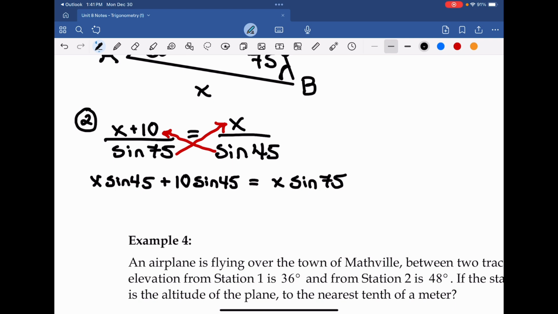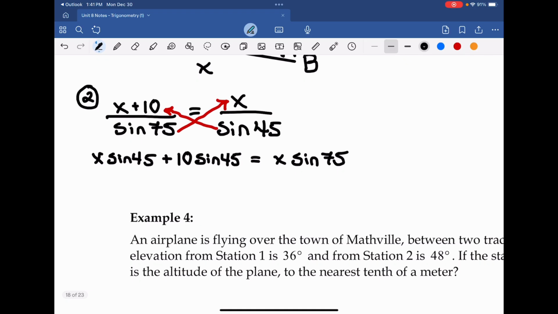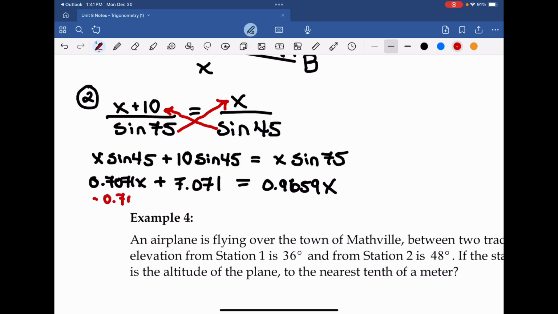On the left-hand side we end up getting 0.7071x plus 10 times sine 45, which is 7.071, is equal to x times sine 75, which is the same as 0.9659x. Now I want to isolate this for x, so I'm going to subtract 0.7071x and bring that over to the other side using subtraction.